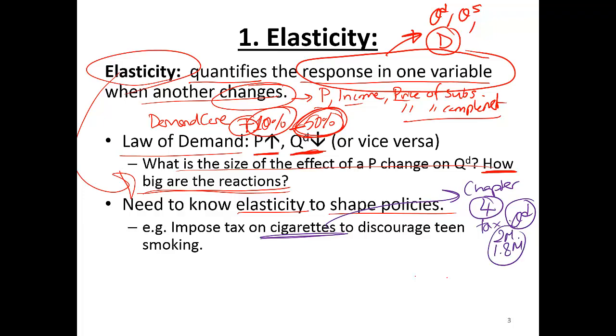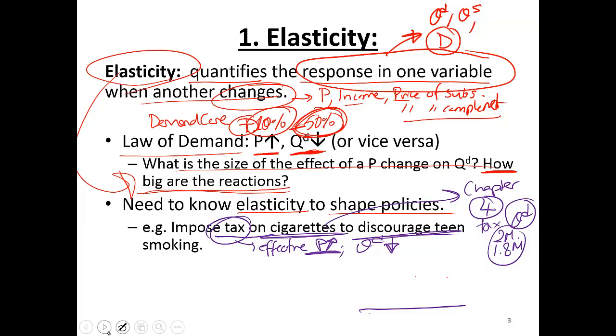When you impose taxes, you basically increase the effective price of cigarettes, to discourage especially teen smoking. Teenagers, you don't want them to be smoking. So how big will the impact be? Quantity demanded will go down, I know for sure, but what is the percentage change? Is it a lot? Is it a little bit?